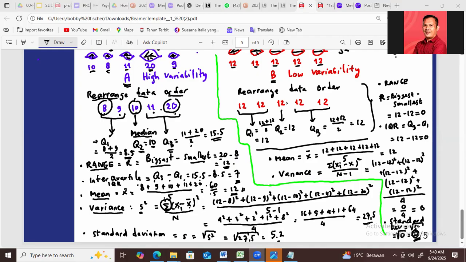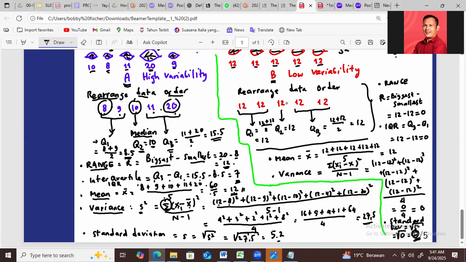So the average is 12, minus the first data 8, squared, plus 12 minus 9, squared, plus 12 minus 10, squared, plus 12 minus 11, squared, plus 12 minus 20, squared, divided by n minus 1.